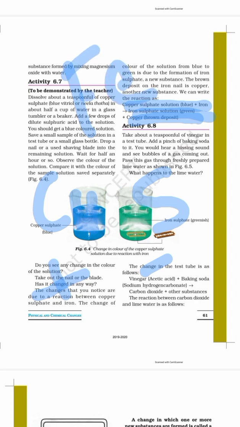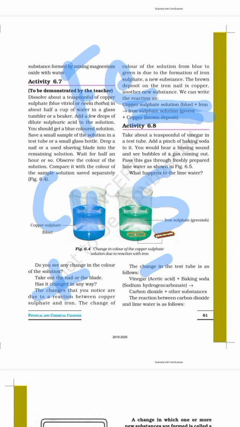This Fe is a great friend of sulfate. So what will it do? It will tell copper to go away and Fe will come to that place. So ferrous sulfate will form and copper will go away. It is like when two friends are there and a third friend comes, the third friend replaces the first one, and now the pair becomes the second and third friend.